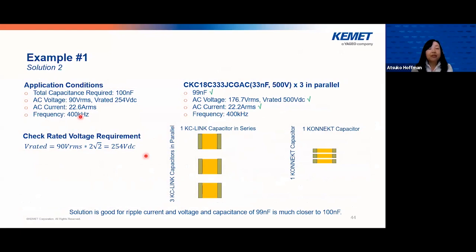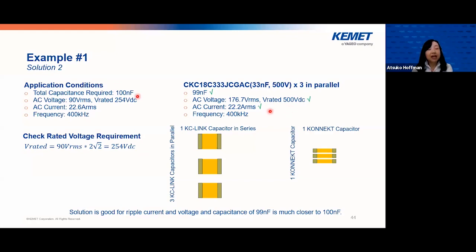You're using 33 nanofarad capacitors in parallel, so you get a total capacitance of 99 nanofarad, and it is much closer to your target 100 nanofarad. And the voltage of the part is 500 volt DC, so it's good.